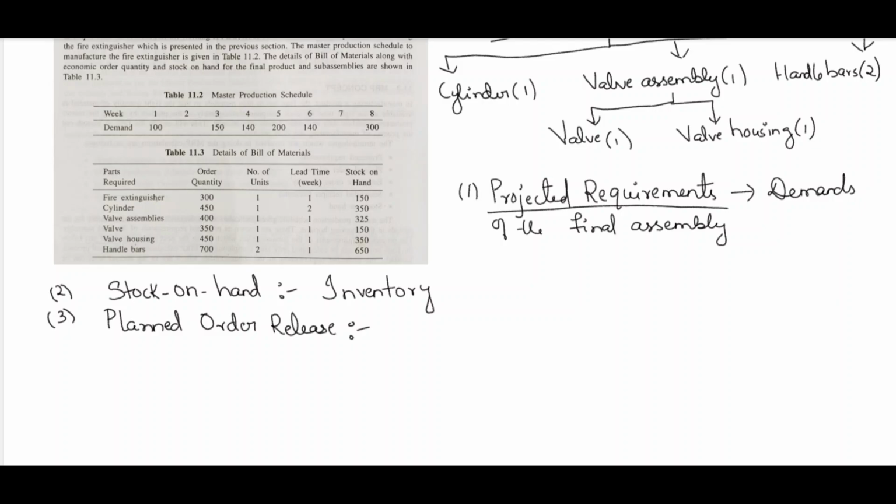That means it is placing the order if the stock on hand at the beginning of the period is less than the demand. So planned order release means, in short, placing an order. This term only comes when inventory, or the stock on hand, cannot satisfy the demand.